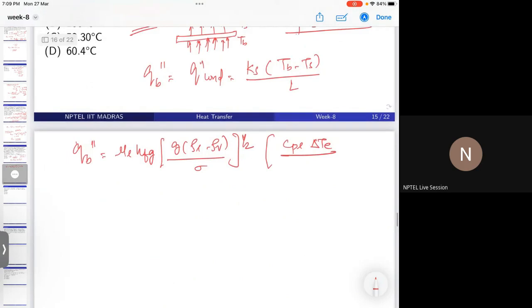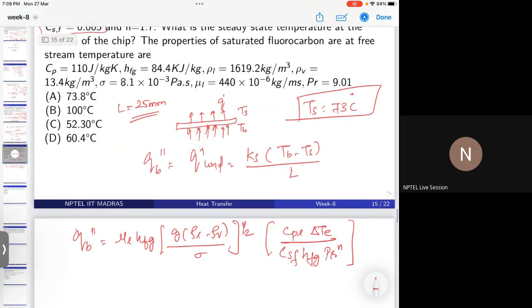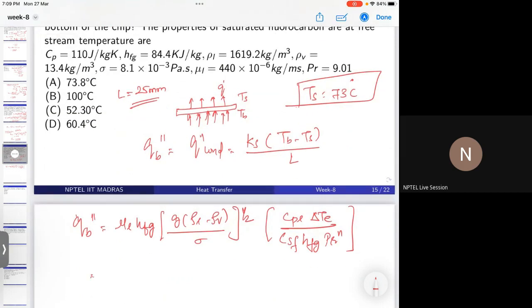What is delta T? T surface minus T infinity, where T is the boiling point of the liquid, divided by CSF HFG Prandtl number raised to N. So the properties are given. Mu L is 440 into 10 raised to minus 6.